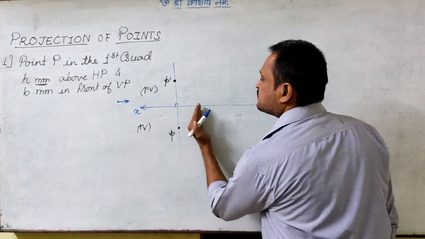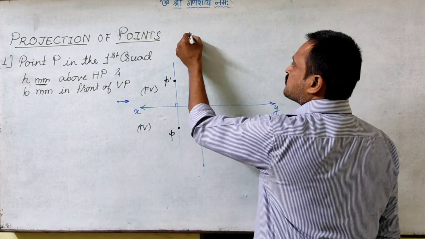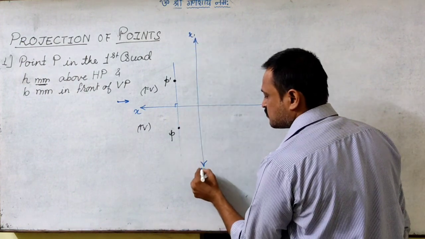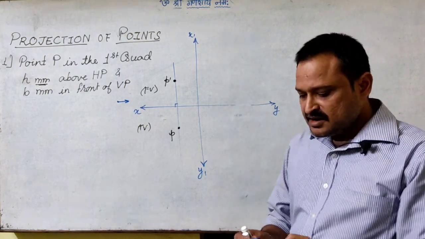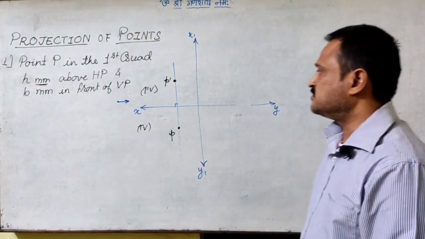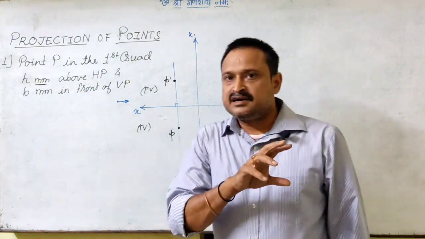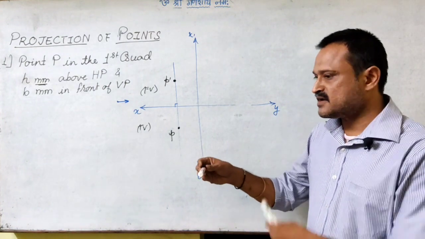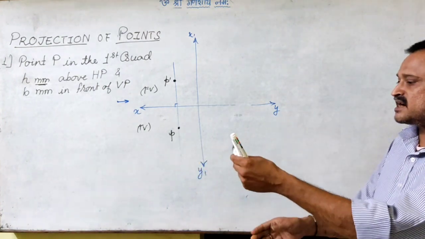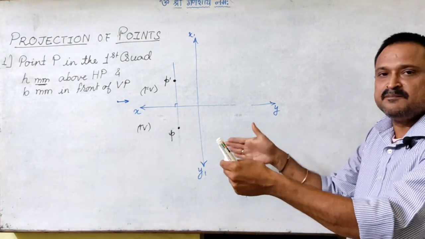From here at a comfortable distance, I can draw the other reference line, which is x1 y1. This will be the area for the left hand side view. We have seen in the left hand side view the height as well as, if I am moving to the left and looking at the point, I am able to see its height as well as how far it is from the VP.